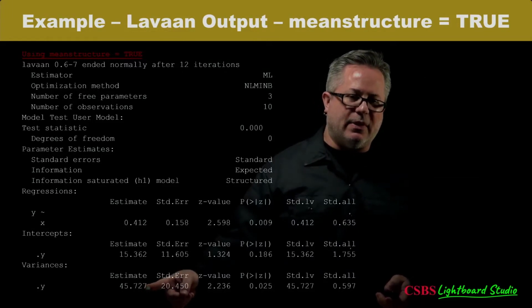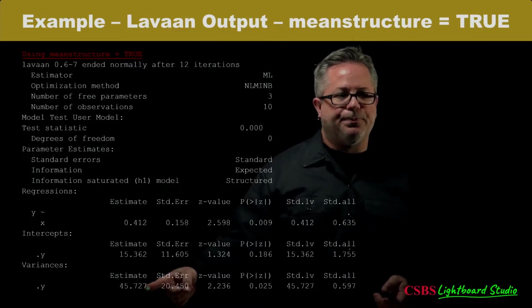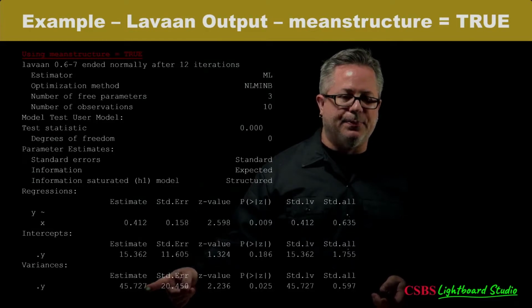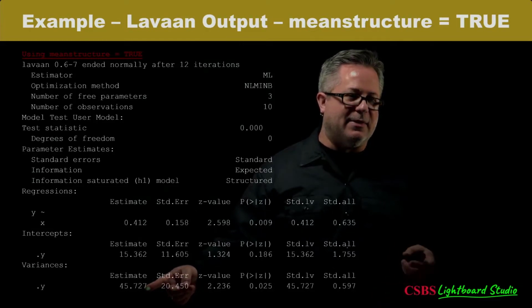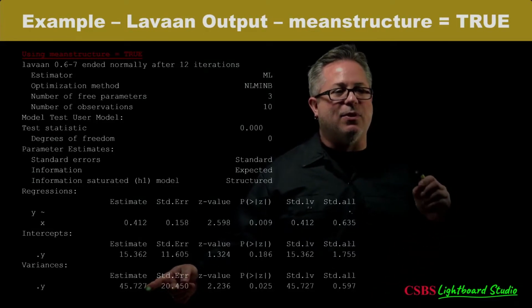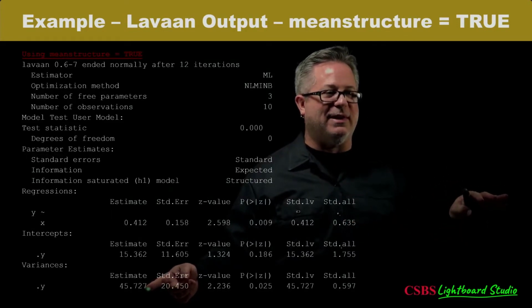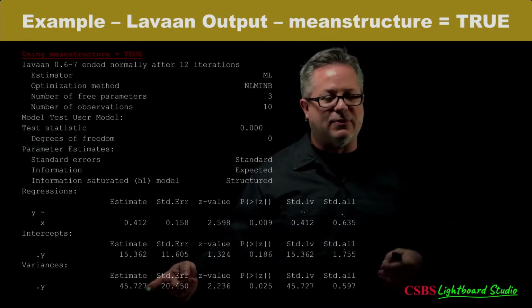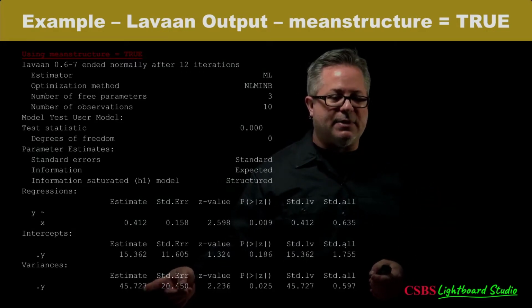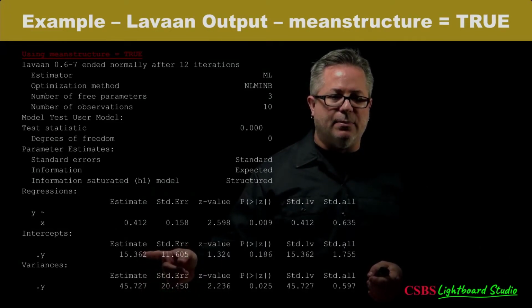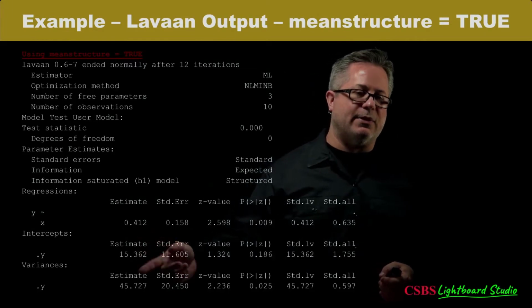The variance estimate's likely going to be a little bit smaller because it's got something exactly at the mean. It's going to add 0 to the variance, right? There's one extra degree of freedom that has 0 variance at it. It's adding 0 to the sum of squares. So the variance estimate's not going to be quite right, and things like standard errors may be a little off. But the means and the coefficients are correct.